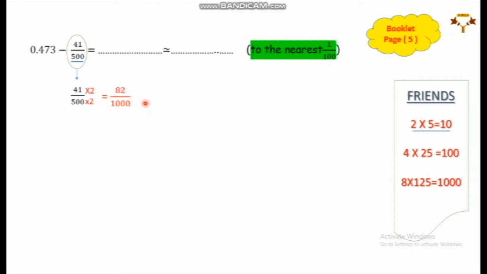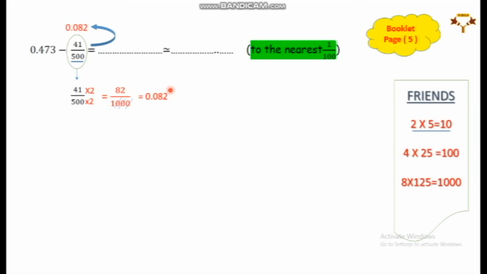So let's remember together, if I want to change this number into a decimal, I have to count the zeros. So I have here 1, 2, and 3, so you have 3 decimal places. Okay, so the result will be 0.082. So right now I have converted this 41 over 500 into 0.082.